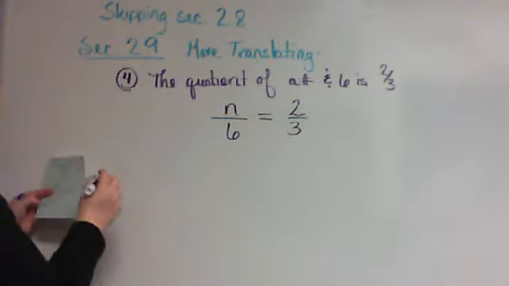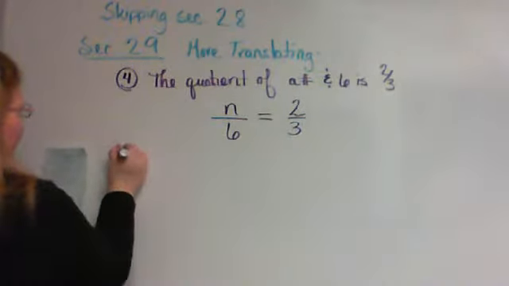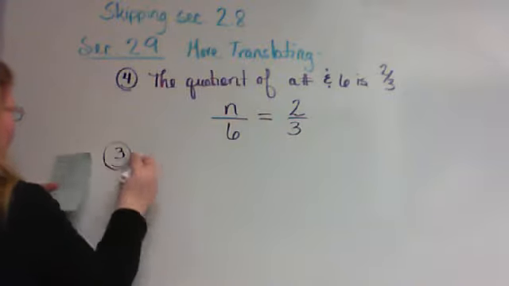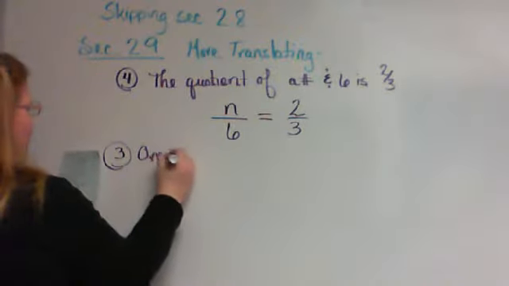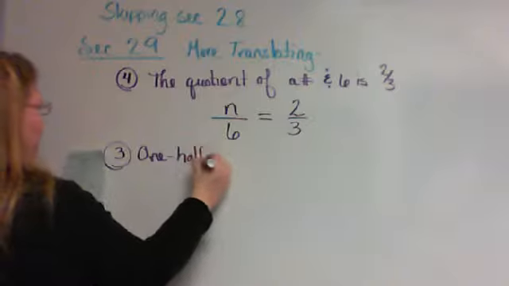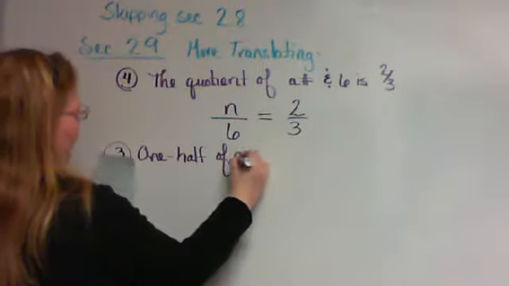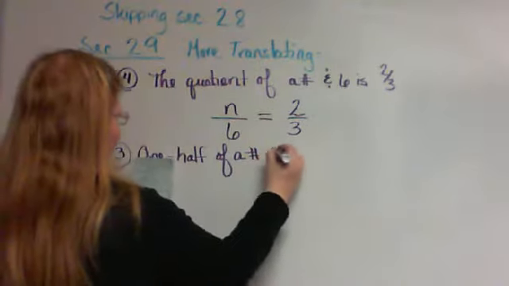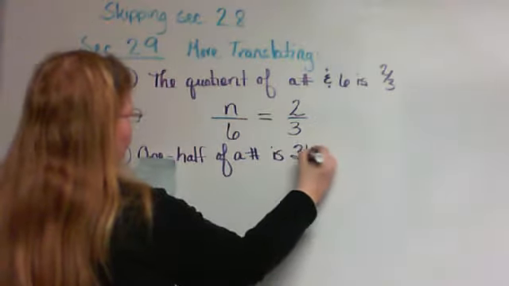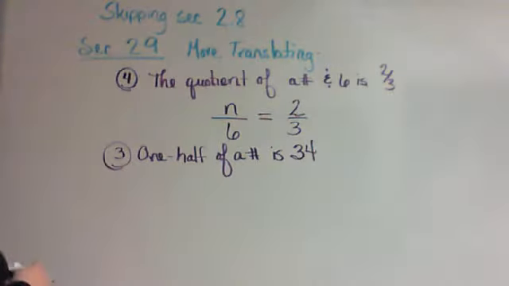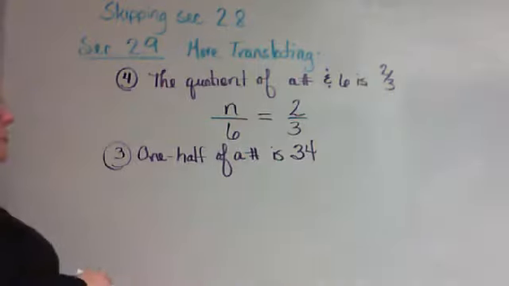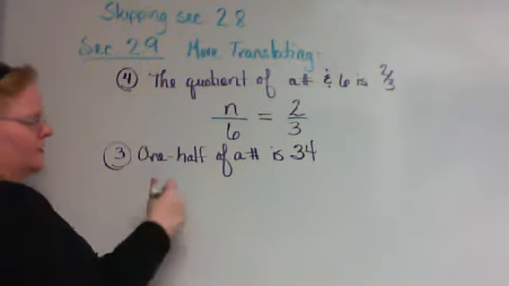Okay? Number 3. I know I'm going backwards, but you're okay. One half of a number is 34. 1/2 wasn't one of our code words, but 1/2 is a number.